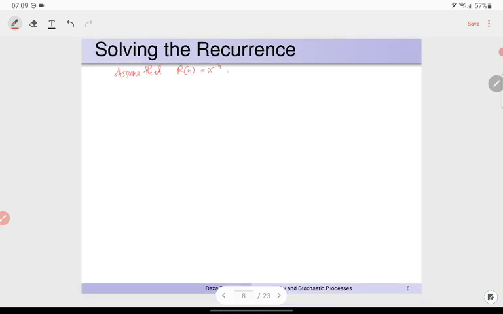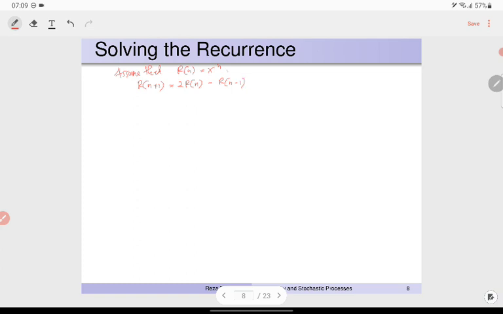Yeah. So if this is our assumption, then of course the main recurrence, Rn plus 1 is equal to 2Rn minus Rn minus 1.